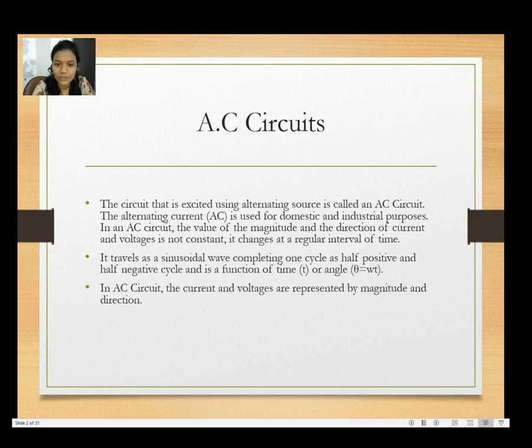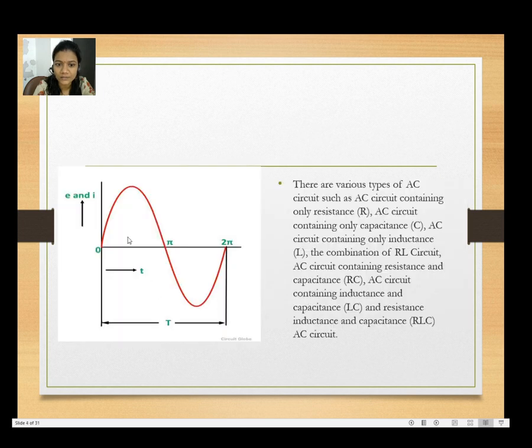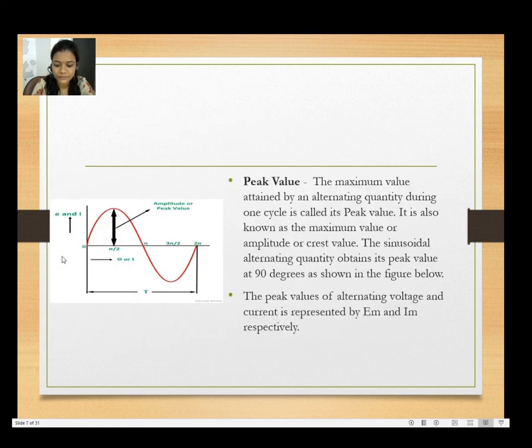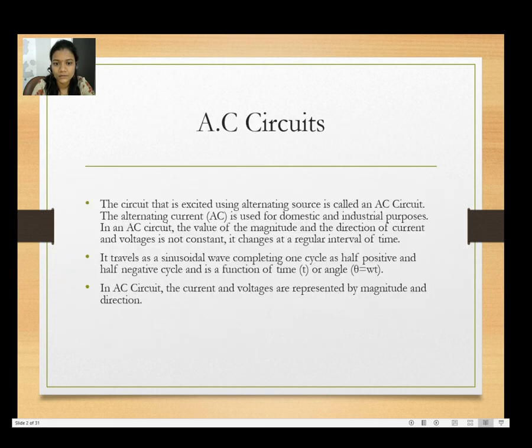As we know, the alternating current AC is used for domestic and industrial purposes. So in an AC circuit, the magnitude and the direction of the current and voltage are not constant. As we know how an AC signal looks, in an AC signal the value of current and voltage is not constant.